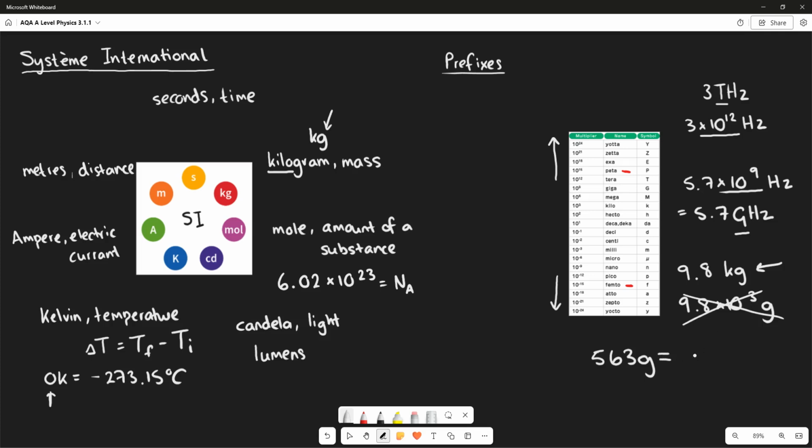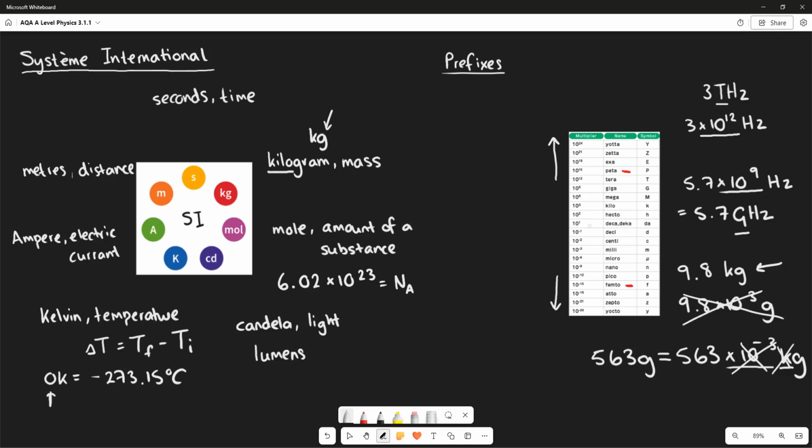So the way that this works, if you think about it, we've got times 10 to the minus 3, and then we've got the kilo, which means times 10 to the positive 3. So really, those two cancel each other out, and we end up with just 563 grams. So if you ever need to go from grams to kilograms, add in a times 10 to the minus 3.